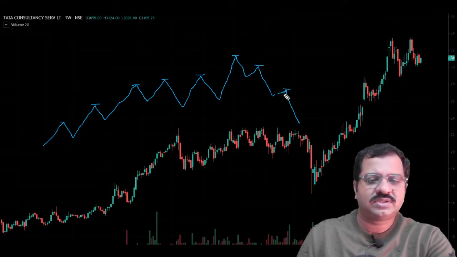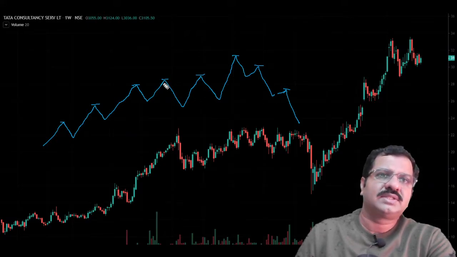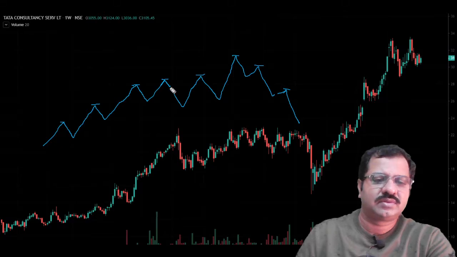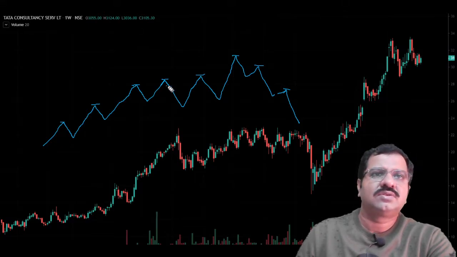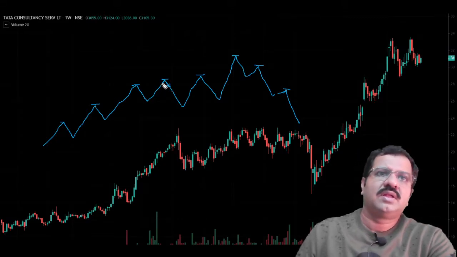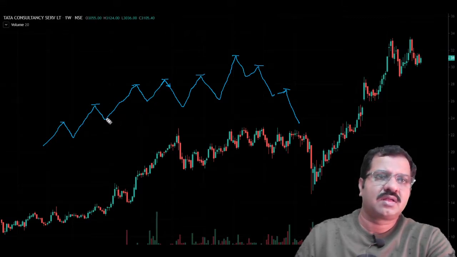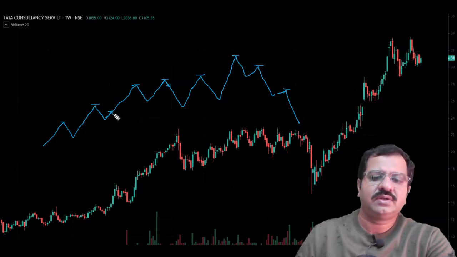Now what are these areas? These are where price has come and reversed, right? So what is the significance of these reversal points? When price started from here, price started going up, right?